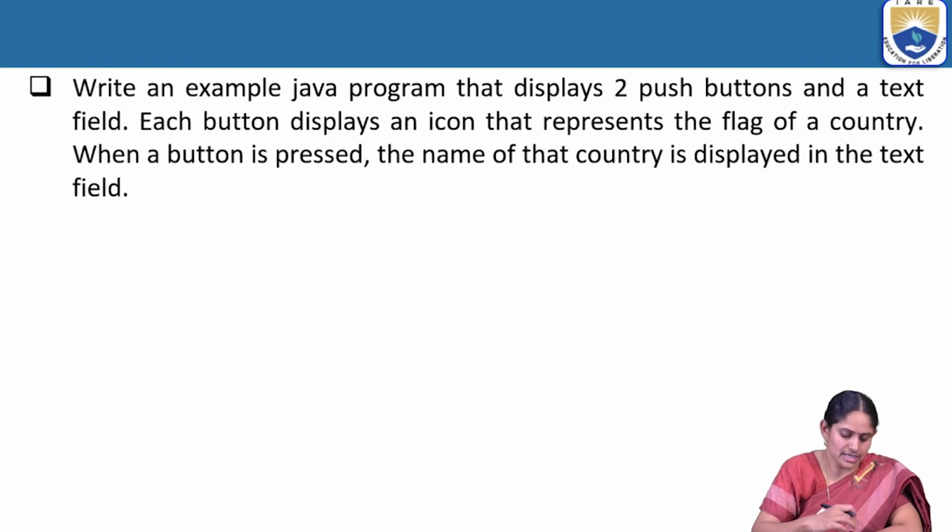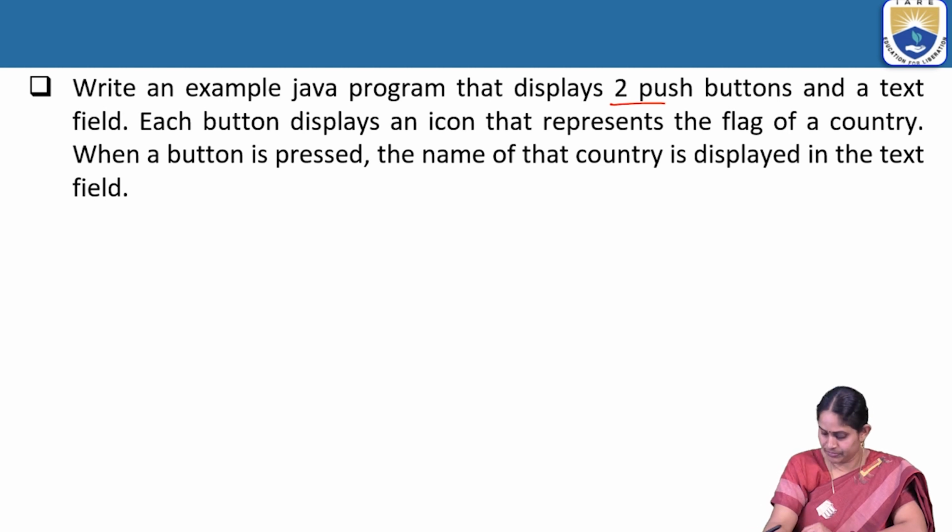Now let's look into an example wherein we have two push buttons and a text field. Each button displays an icon that represents the flag of a country, and when the button is pressed, the name of that country must be displayed on the text field.